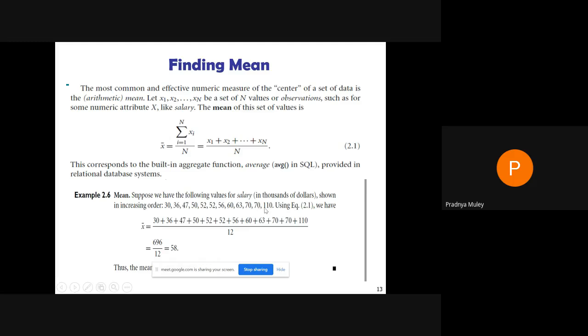Like this, we can divide the data into equal sized sets. So these are called quartiles. Here 47 will be Q1, 52 will be Q2, 63 will be Q3, and 110 will be the last. So these are the quartiles of the given data set.